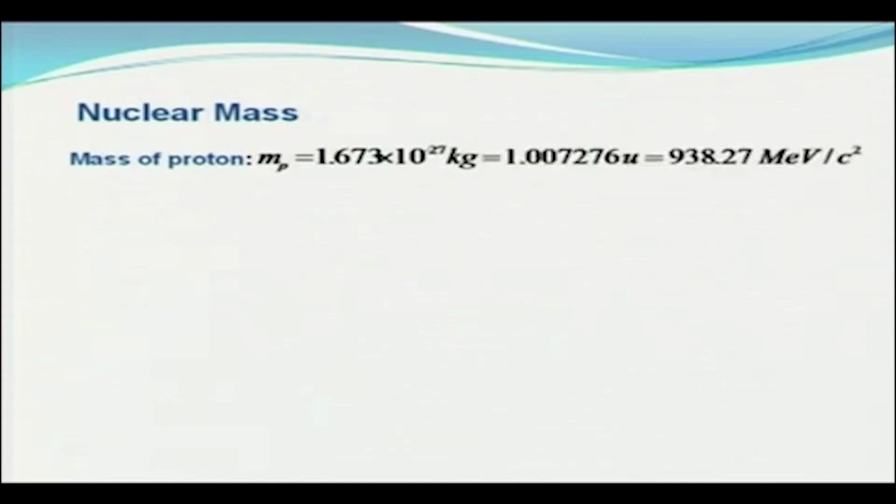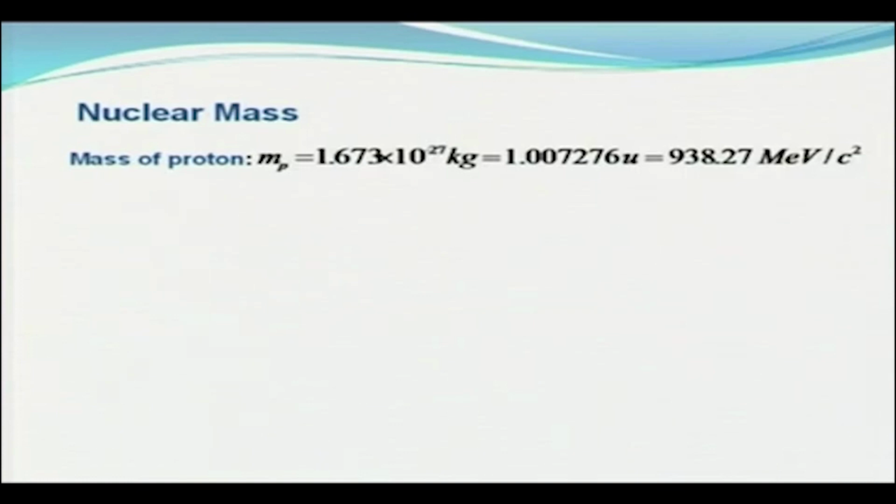And to express such small masses, we usually use other units, similar to small distances. Small length scales are expressed in terms of angstrom rather than meter. Here we have other units to express the masses of protons and objects of similar mass.